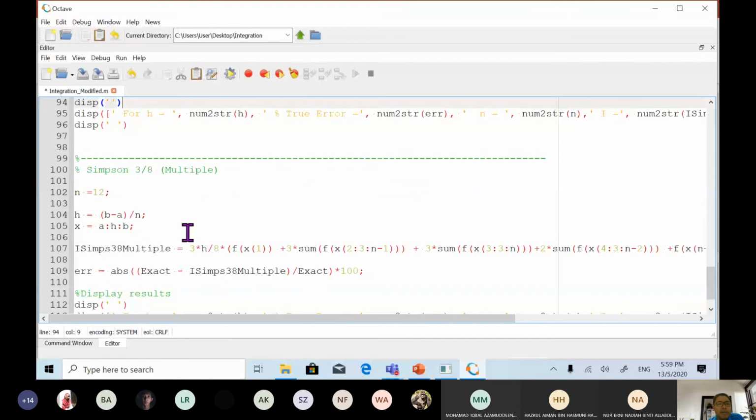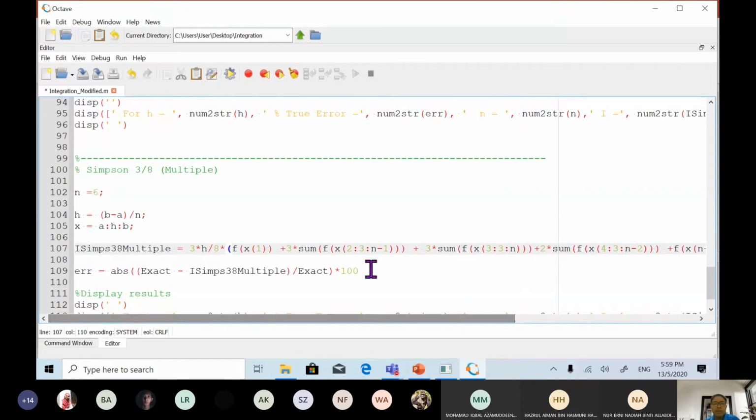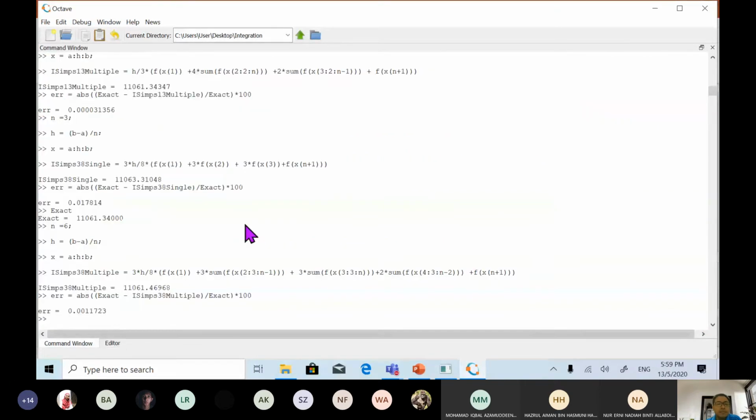In order to improve, we can use the next method called Simpson 3/8 multiple, where you can use multiples of 3. So maybe I will change this to 6, a multiple of 3, and I will run this code. By using 6, the error is very small.